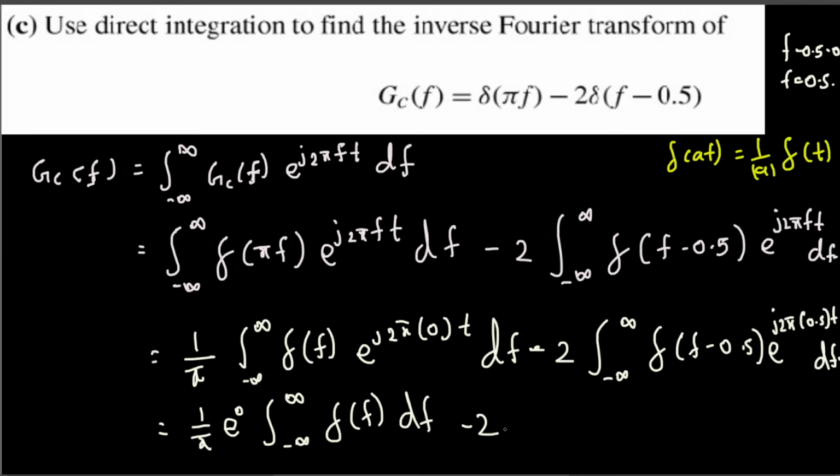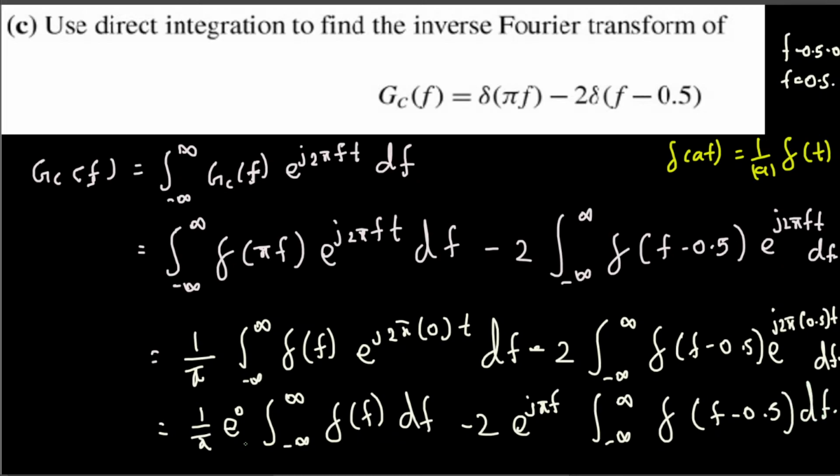And the same thing happens here. This one becomes a constant, so we will have 0.5 times 2 is 1, so the 2 and the 1 over 2 cancel each other. So we are going to get e^(jπt) over here, and then the integral from negative infinity to infinity of delta(f minus 0.5) df.